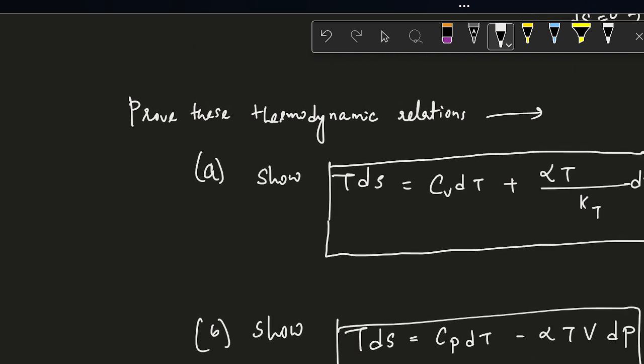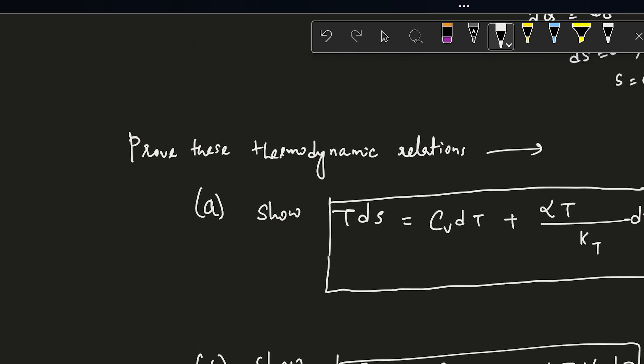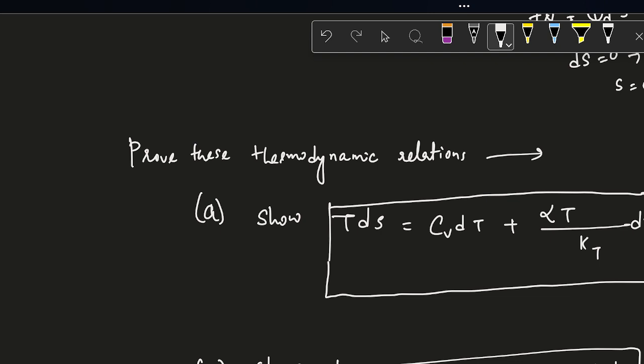So let me tell you, I had not given you the expression of alpha first. I missed it out. So alpha is nothing but 1 by V del V by del T at P constant.